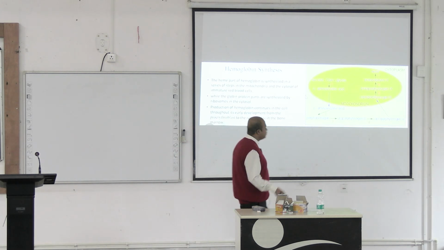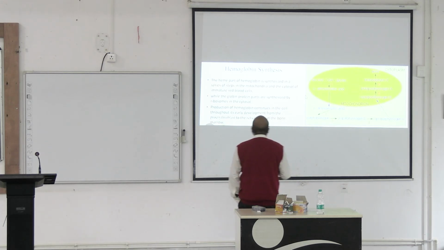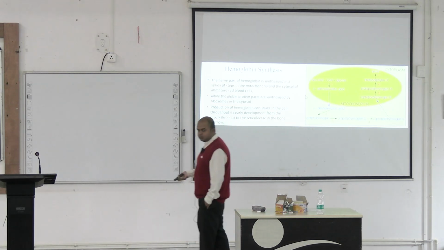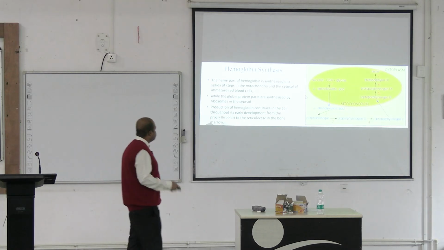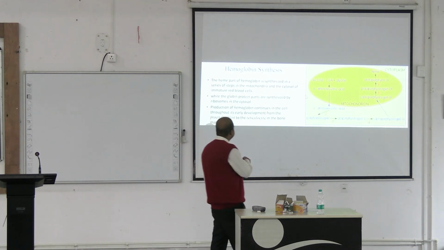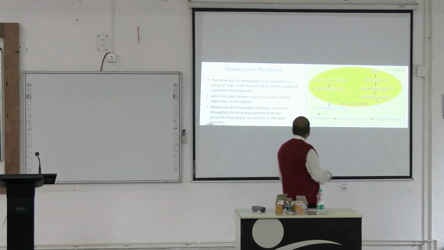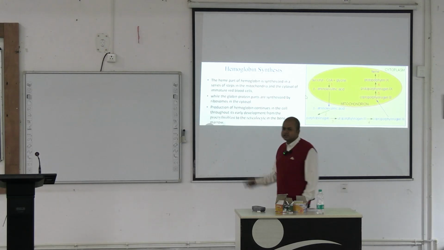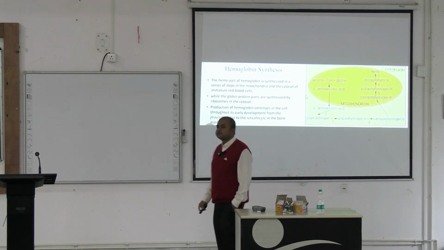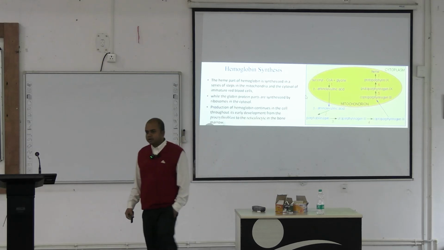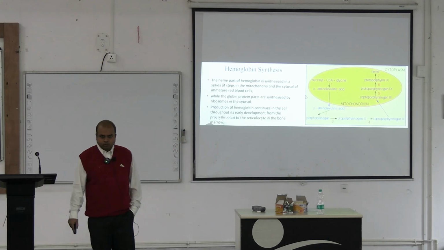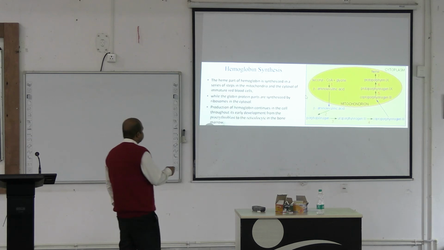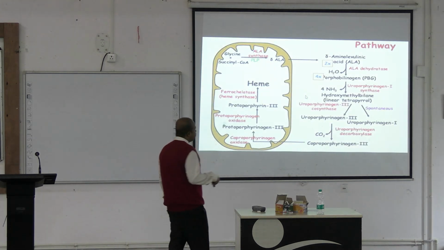So, the heme part of hemoglobin is made in the mitochondria and the cytosol, the globin part completely in the cytosol, that is the cytoplasm. So, from the pro-erythroblast stage, or actually you write it as the intermediate normoblast stage, to full maturation, till the reticulocyte becomes the erythrocyte, hemoglobin synthesis goes on and it increases.